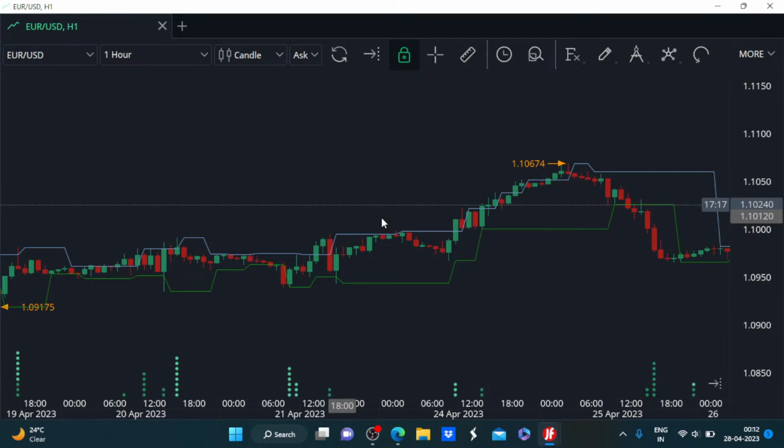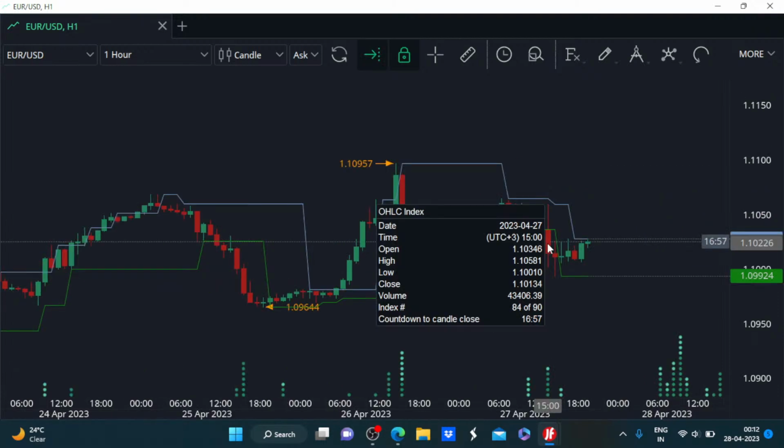The price can be in between the lines, above the band, or below the band. So you have three clearly defined scenarios: the bullish trend, the sideways trend, and the bearish trend, depending on the strength of the move, the strength of the momentum.